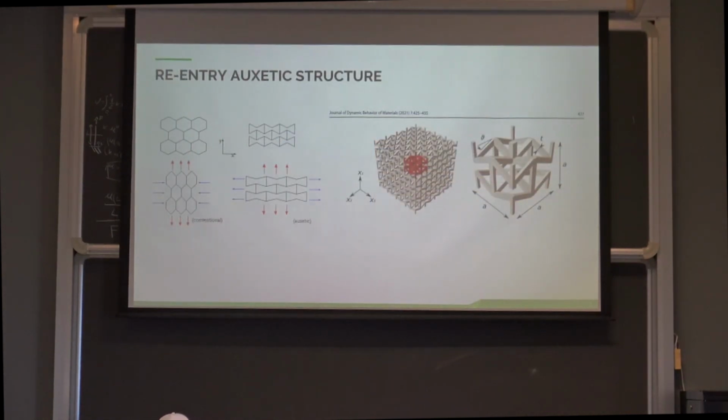So you just take hexagonal cells and flip some of the edges inside and get the auxetic lattice. A 3D analog of this exists as well. You can see it on the right. And auxetic properties depend on this re-entry angle theta. Note that we have only one re-entry angle for both 2D and 3D.